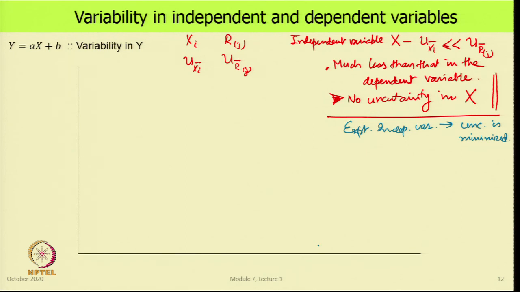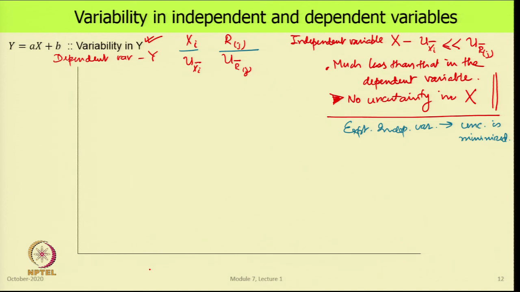But in regression we could have said that any of those xi's or rj's that we pick as the independent variable, we say its uncertainty is very small. That is one. What that leaves us with is that in the dependent variable, there is finite uncertainty, variability which we cannot ignore, and we have to factor that into our regression analysis.